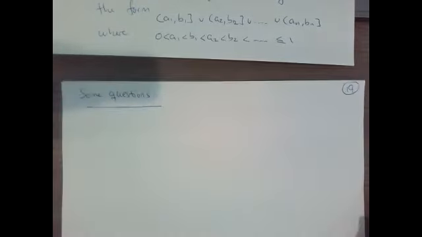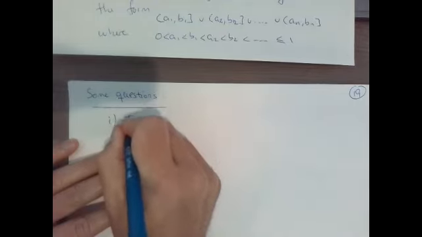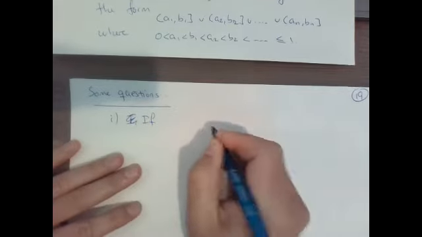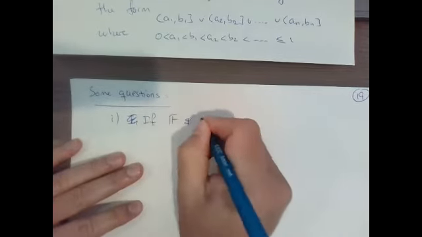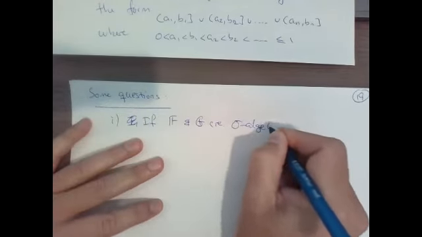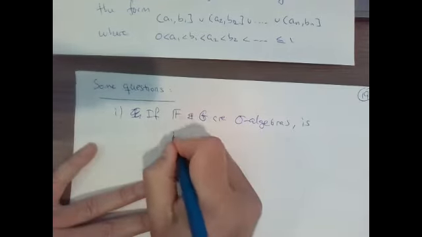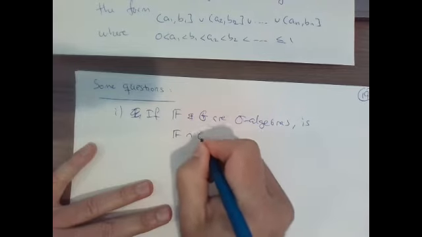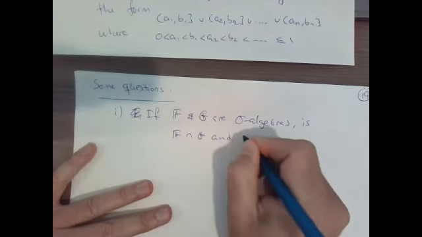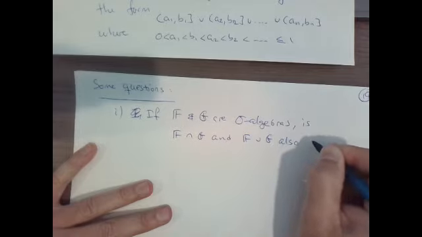One question is, if F and G are sigma algebras, is, say, F intersection with G and F union G also sigma algebras?